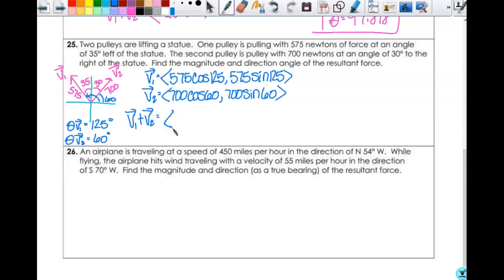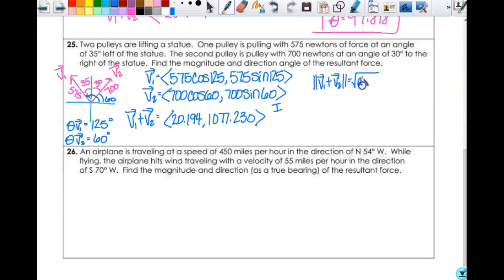That gives me, being mindful again of my answers in my calculator, 20.194 and 1077.230. This is positive, positive, so this is a first quadrant. I will need a first quadrant angle. I find the magnitude, V1 plus V2.